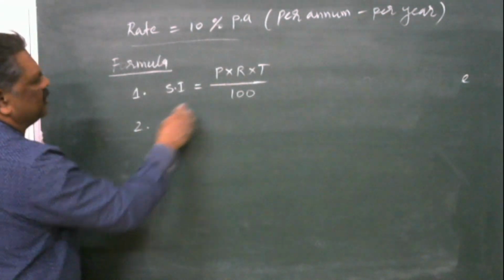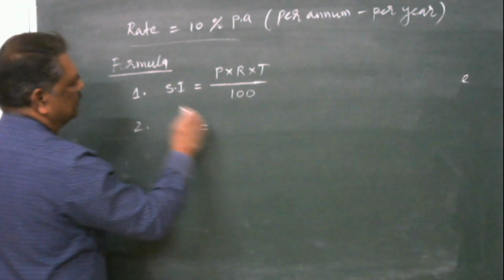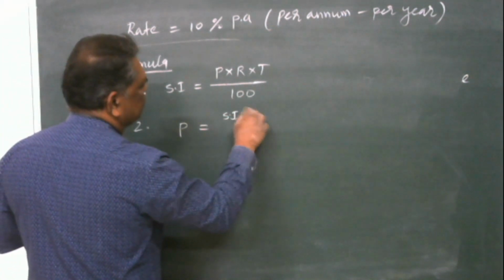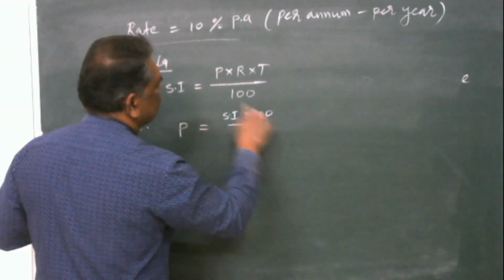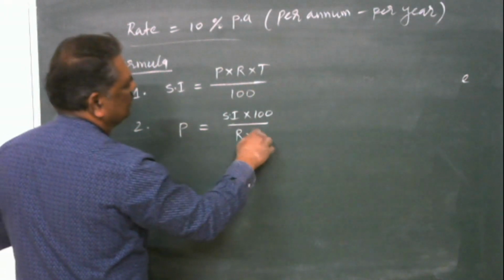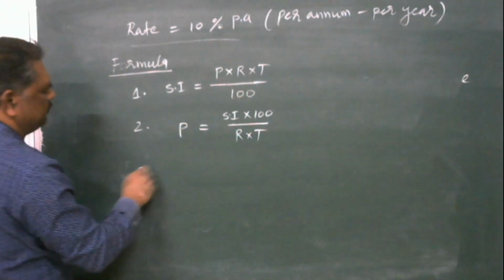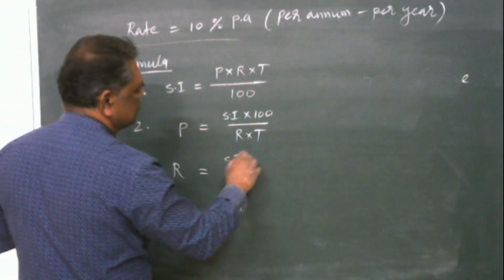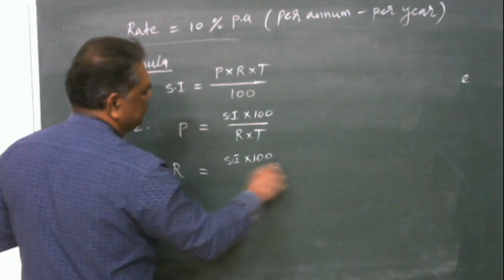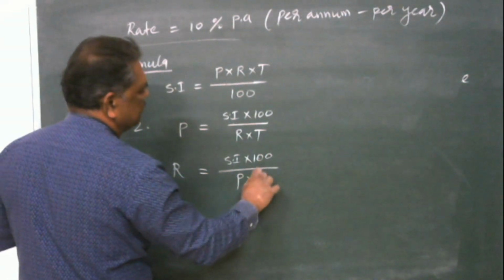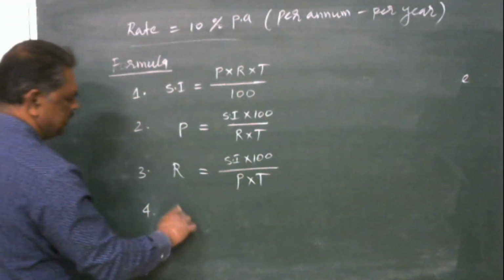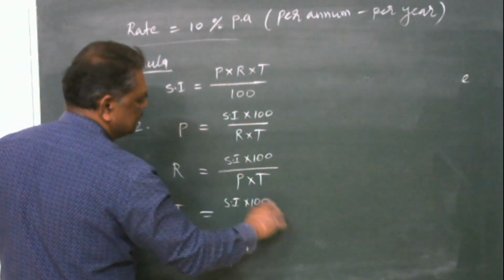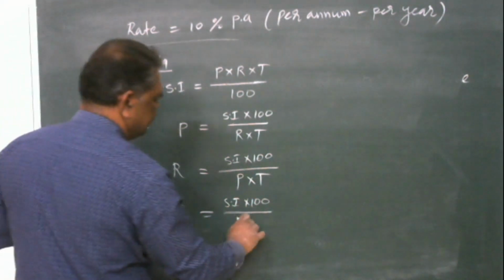If you want to find the principal borrowed, then simple interest into 100 divided by R into T. If you want to find the rate, simple interest multiplied by 100 divided by P into T. If you want to find the time, simple interest multiplied by 100 divided by P into R.